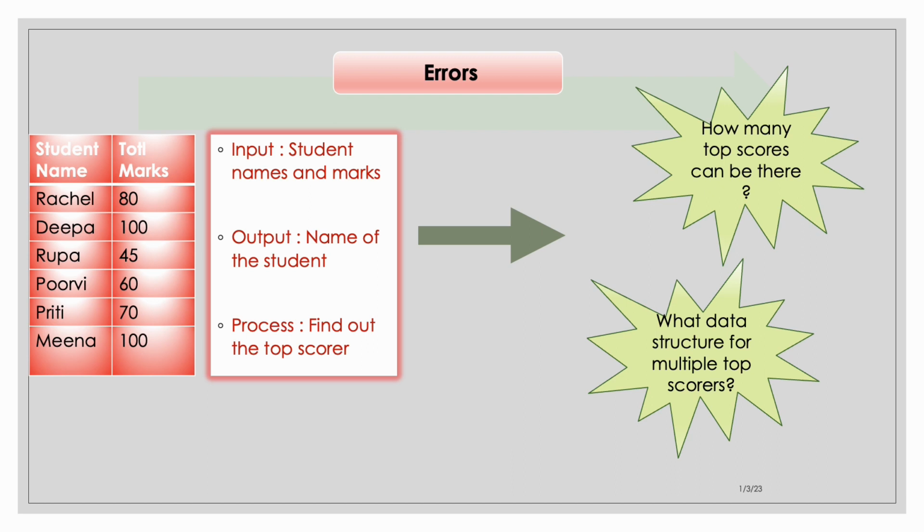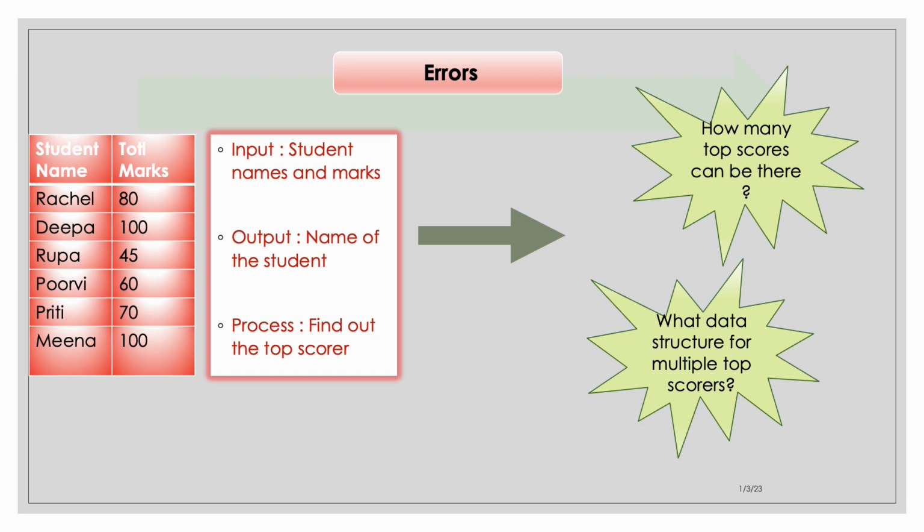Though this problem looks very similar to finding the largest number, it is different in two ways. One, there can be more than one top scorer in the class. For example, here both Deepa and Meena are top scorers.